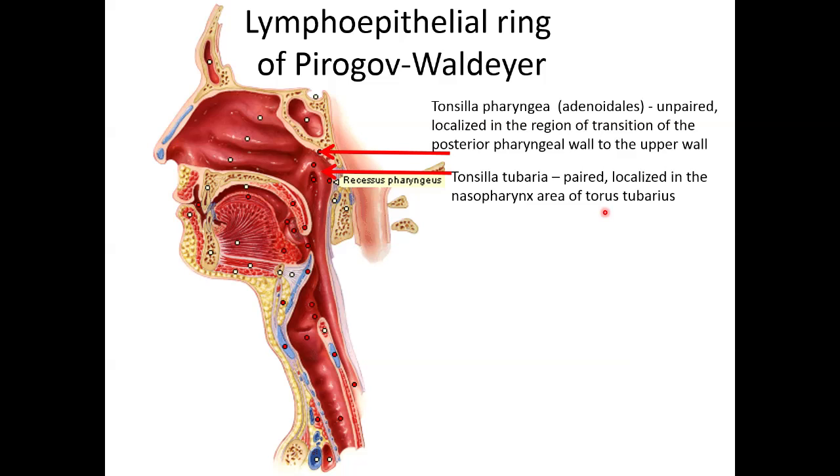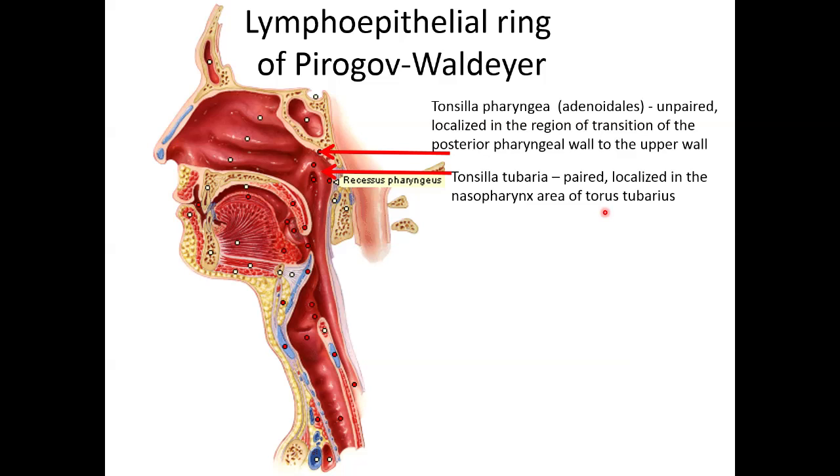Do you remember the canals of the temporal bone? There are 3 large canals: canalis caroticus, canalis musculotubarius, and canalis facialis. And canalis musculotubarius consists of semicanalis tubae auditivae and semicanalis musculi tensoris tympani.